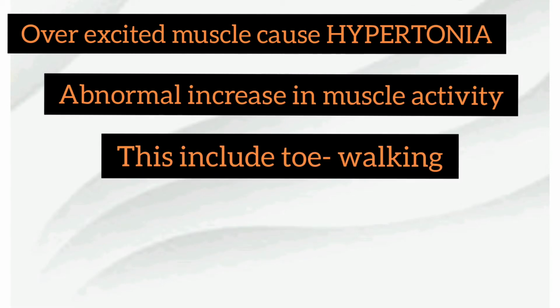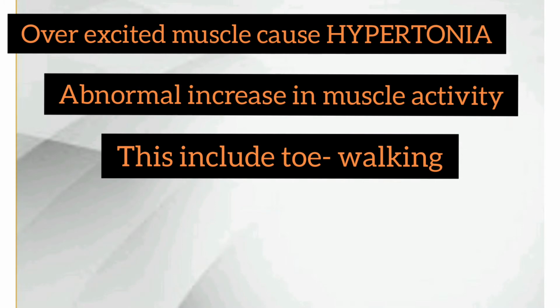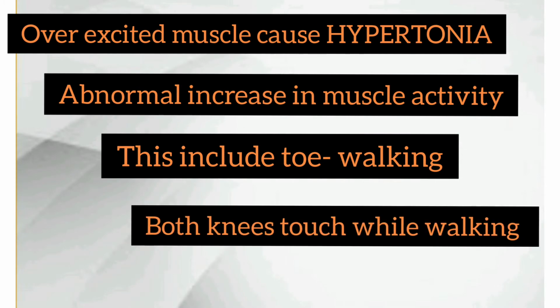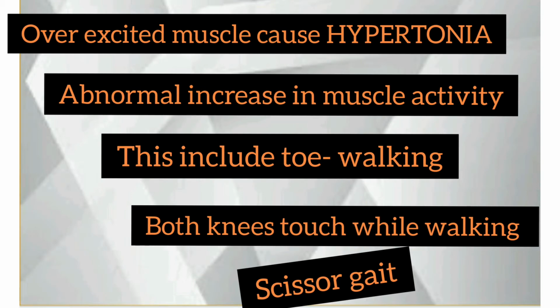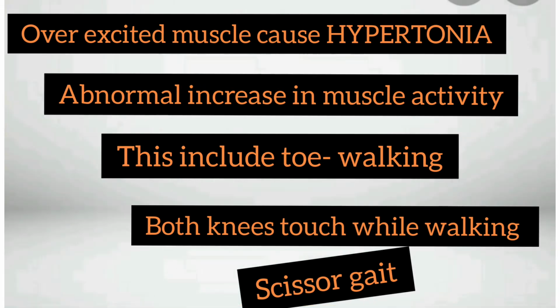What is hypotonia? Hypotonia is an abnormality in the muscle movement, in the muscle activity. It generally includes things like toe walking and scissor gait. Scissor gait means both knees touch while walking for these kids. So this is all about spastic cerebral palsy.